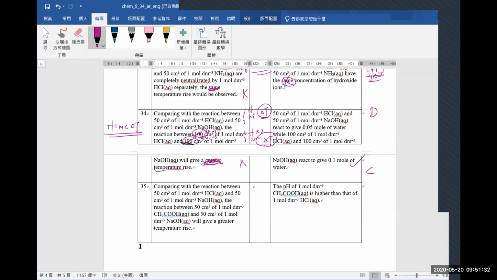Comparing the reaction between 50 cm cube of 1 molar HCl and 50 cm cube of 1 molar NaOH, and the reaction between 50 cm cube of 1 molar ethanoic acid and 50 cm cube of 1 molar NaOH anyway, which gives a greater temperature rise? Who gave a tick? Who gave a tick?